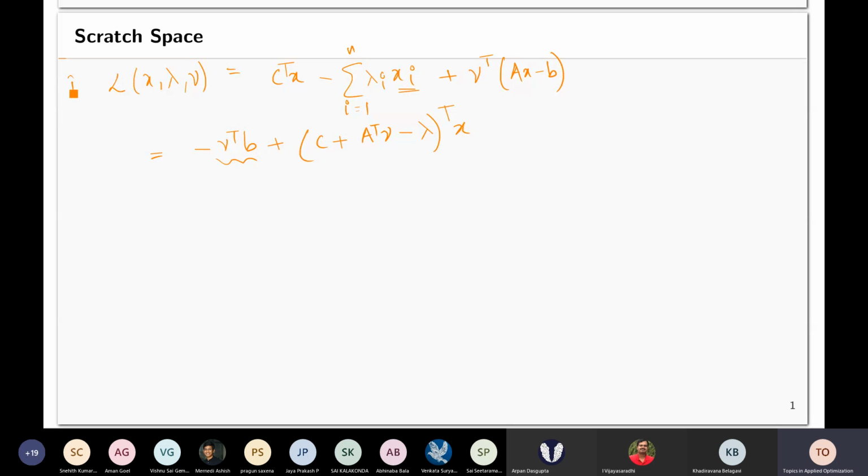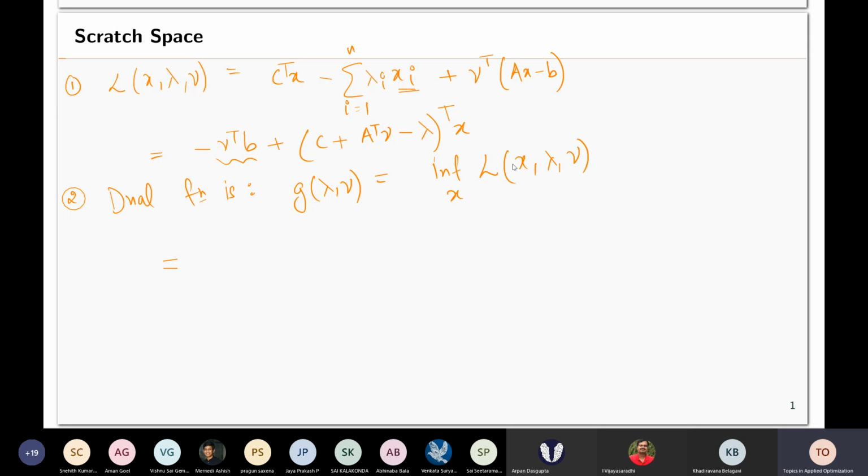Okay, so this is the first part, and the second part is the dual function. So the dual function is g lambda nu. Remember, dual does not involve x, right? Because we infimize over that. Okay, that's why we don't include x. So this is infimum of x L x lambda nu.